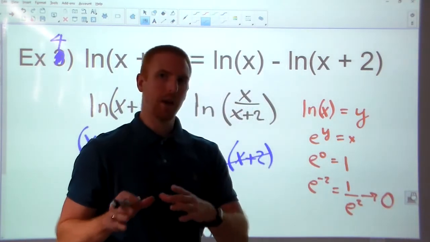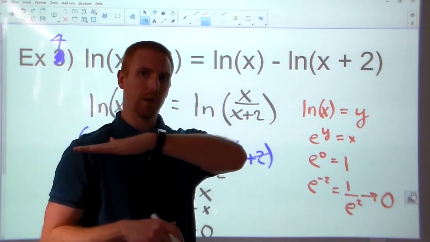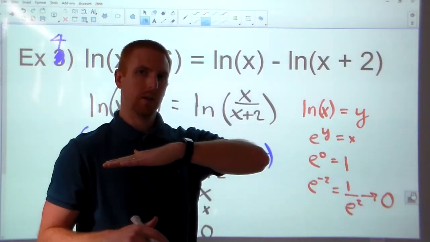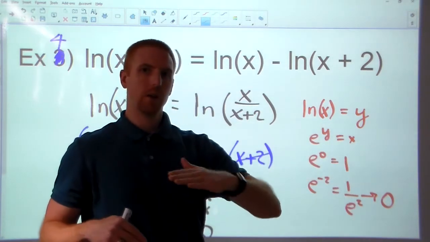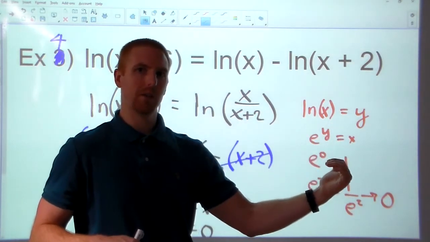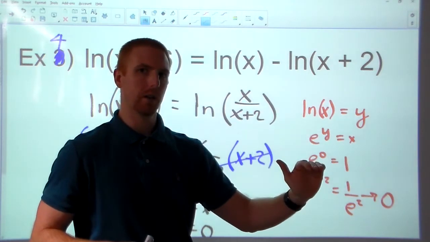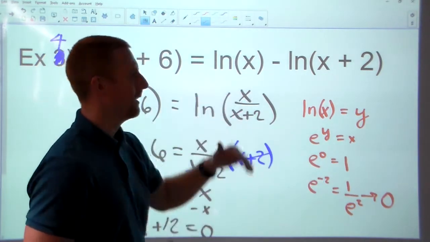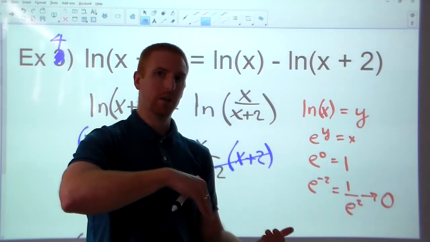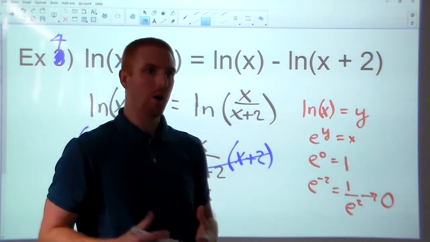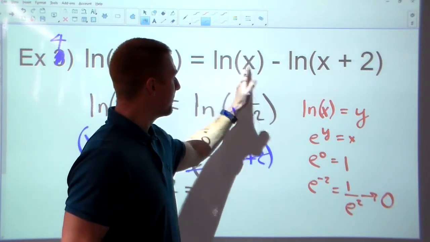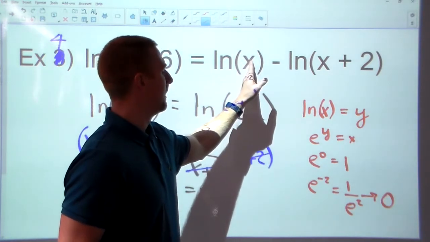So if you think about an exponential, they have a horizontal asymptote at 0, because no matter what we plug in here as the exponent, our result is never going to quite make it to 0. It's going to get close, but it's never quite going to get there. And since a logarithm is the inverse of an exponential, then we can never take the log of 0, because this is the result we're going to get out.